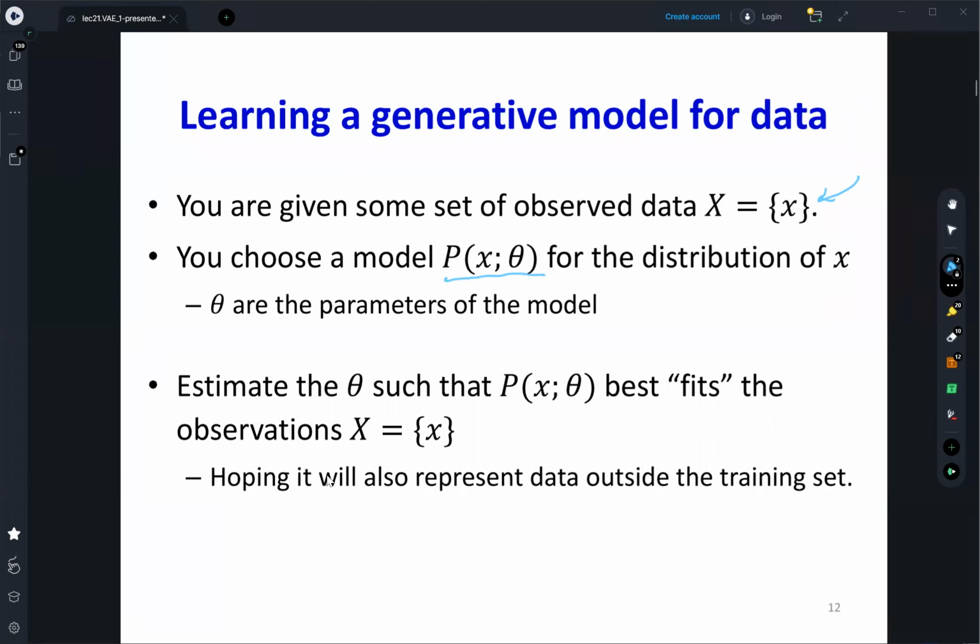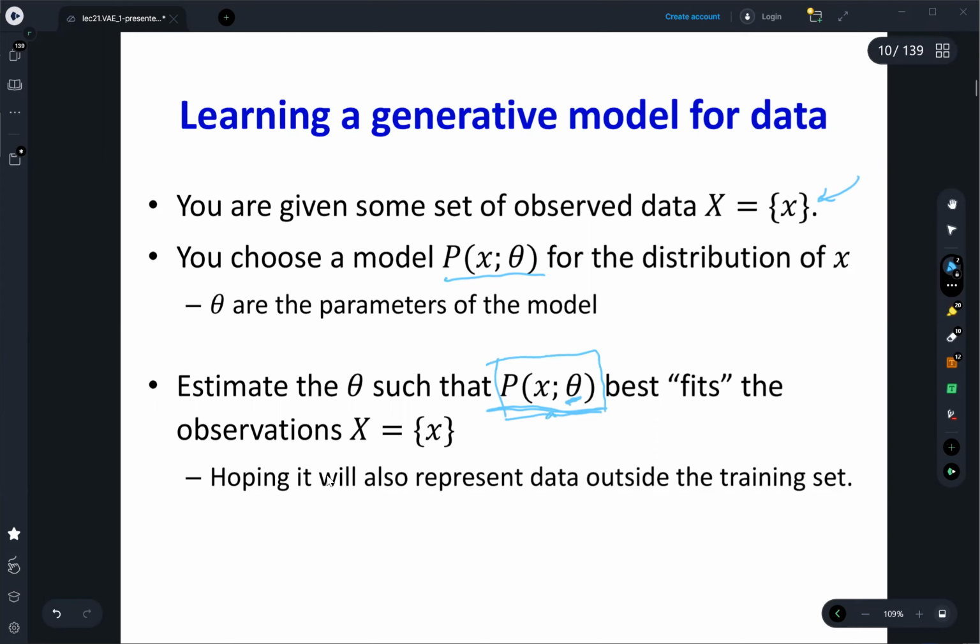And then we want to estimate the theta such that P of x semicolon theta best fits the observations that you have begun with to learn this distribution. And in this process, you want to learn this P of x semicolon theta. So this theta are the parameters. This is a parametric function.